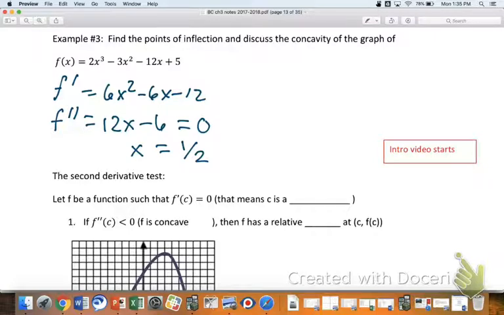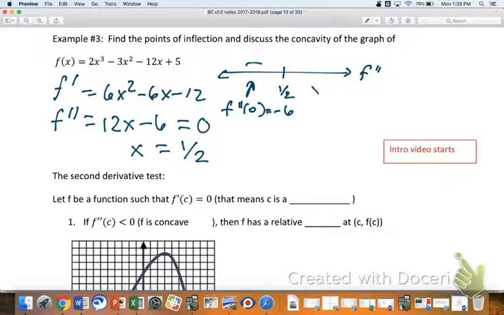f double prime can equal 0 and not change signs. The strict definition is that f double prime has to change signs for f to have an inflection point. And so what you'd have to do here to be sure that that actually is an inflection point is test out f double prime. So we know that f double prime is 0 when x equals 1/2. Test a value out over here just to be for sure. Maybe like f double prime of 0. You can see that that is negative 6.